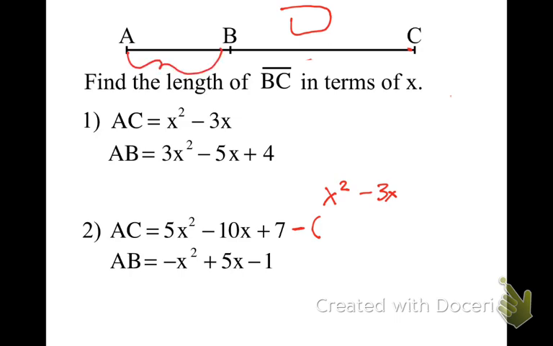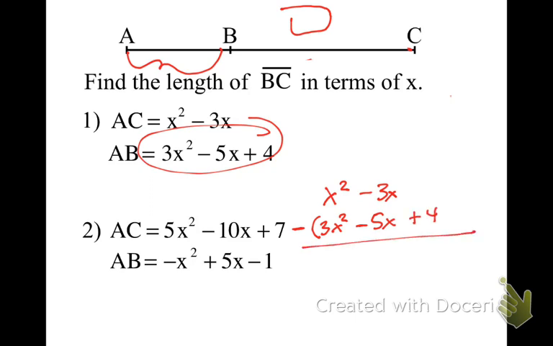We're going to subtract that, which is minus 3x squared minus 5x plus 4. And I'm lining it up. So first thing we have to do is distribute that negative. So this becomes a negative, this becomes a positive, and this becomes a negative.